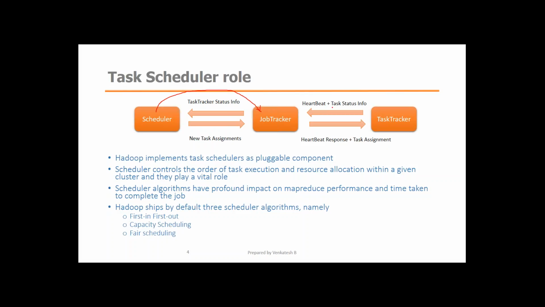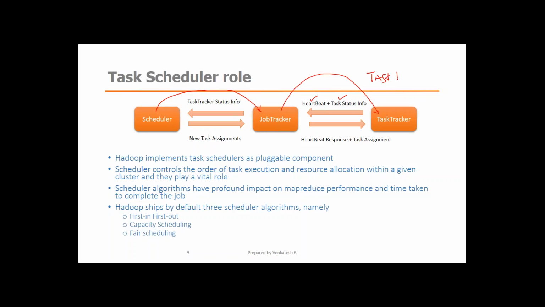Periodically, task trackers are required to send a message called a heartbeat message. This is sent by the task tracker to the job tracker to inform that a particular task tracker is up and running. Along with this, it is also updating the ongoing computation task execution status info. If a job tracker has assigned, let's say, task A, what is happening with this particular task?